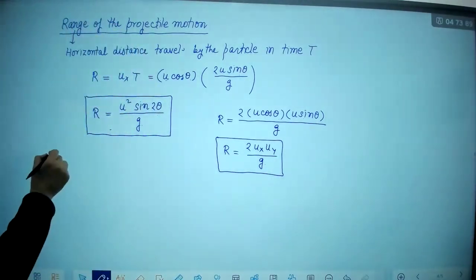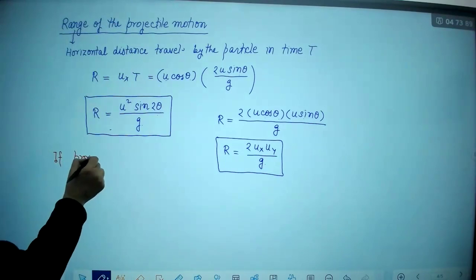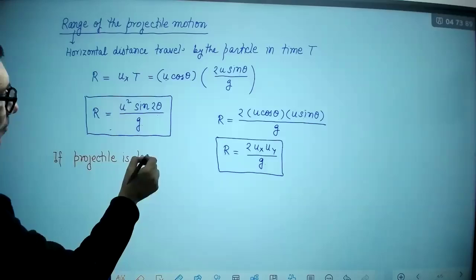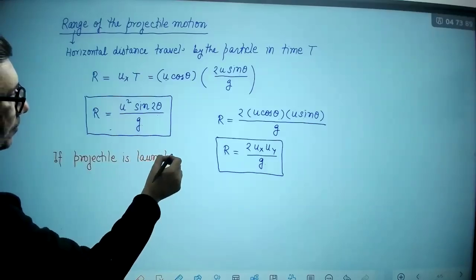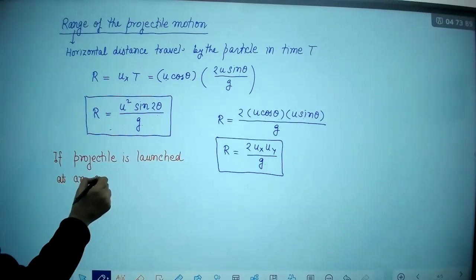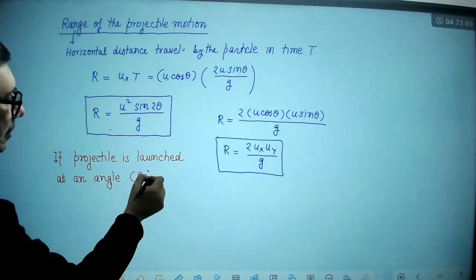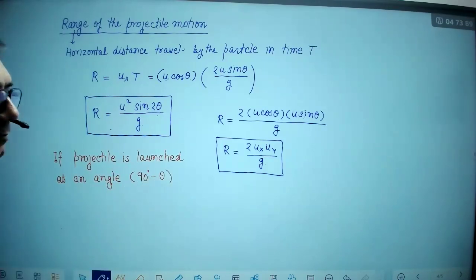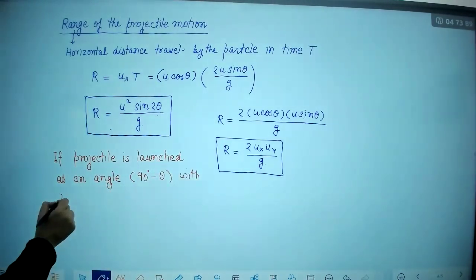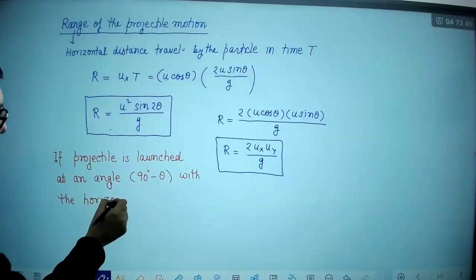Now suppose the projectile is launched at an angle 90 minus theta with the horizontal.